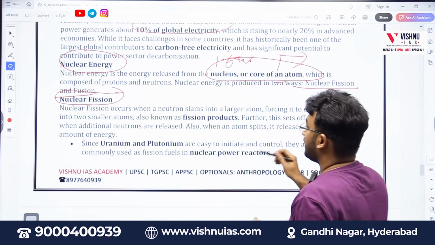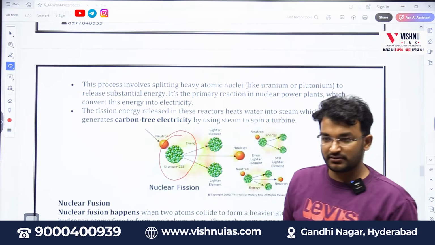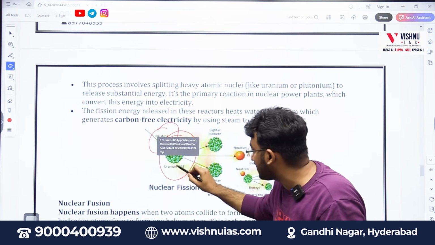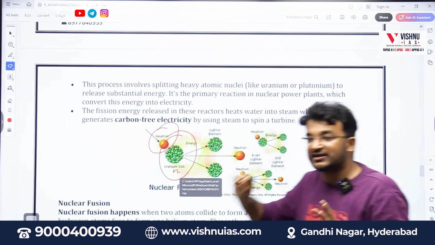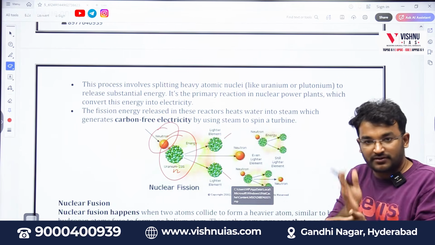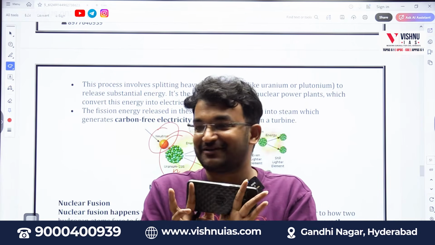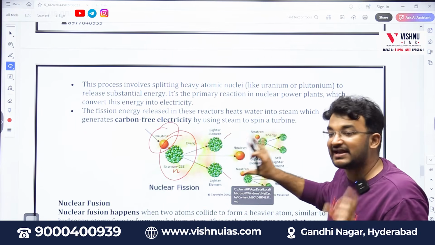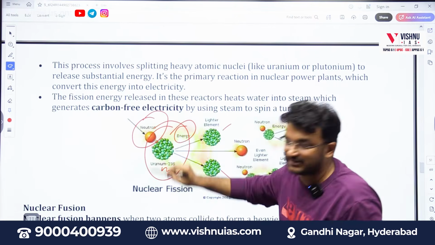Here we are hitting uranium 235 with a neutron. What happens with this? Two lighter atoms will be forming. Just like when you break a phone, it can break into two or any number of parts. In the same manner this happens, and along with that, energy will be released.